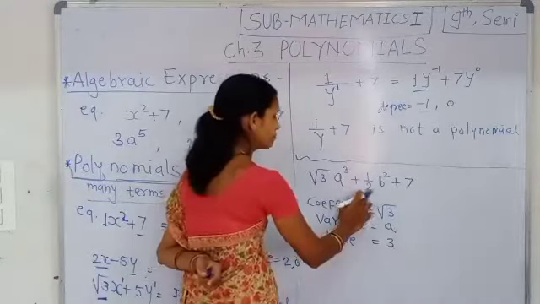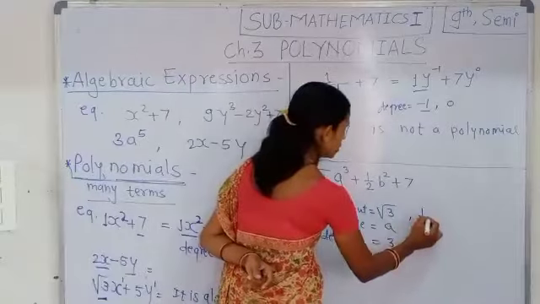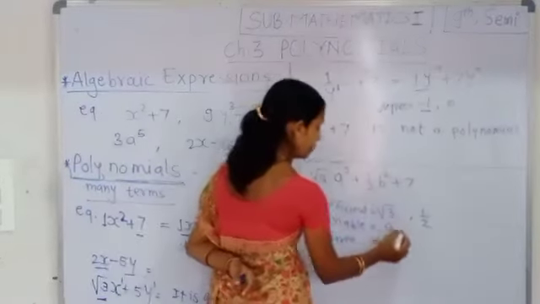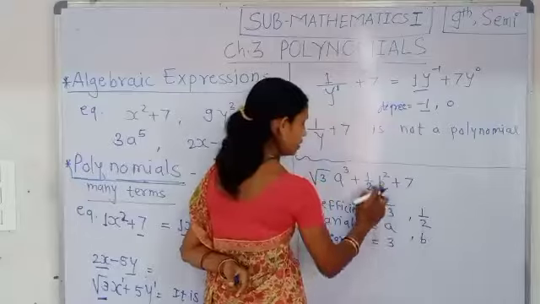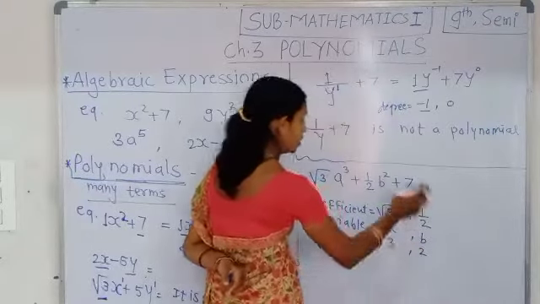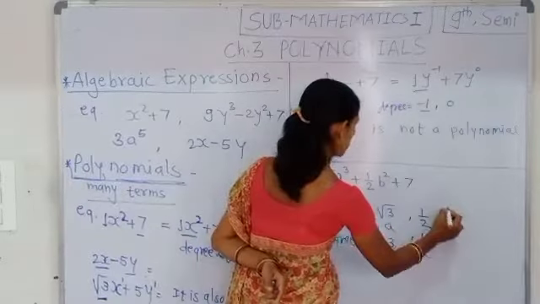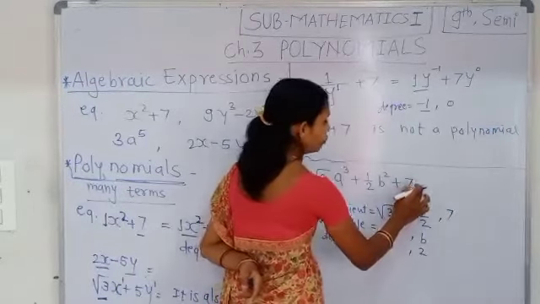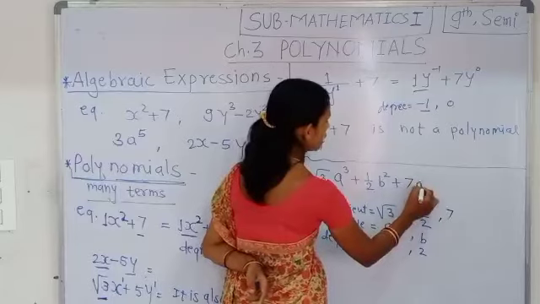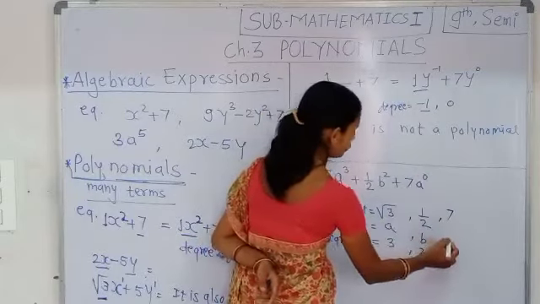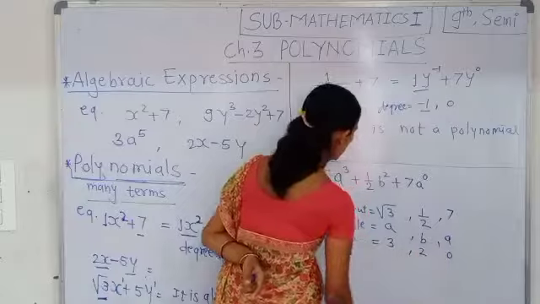In the second term, the coefficient is plus 1/2. The variable is b, and here the degree is 2. In the last term, the third term, the coefficient is 7. The variable is not seen here, therefore a raised to 0. So the variable is a and the degree is 0.